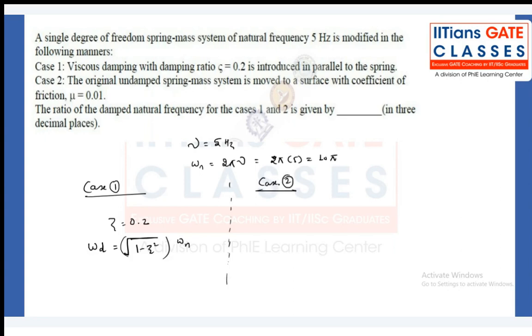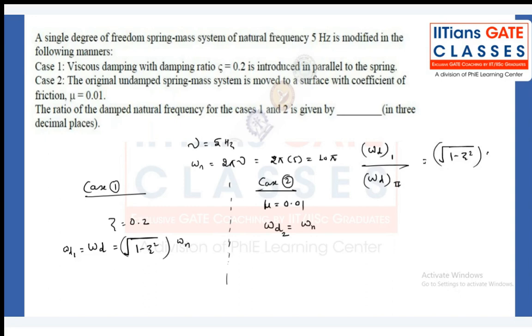What is the case 2, guys? Case 2, they are saying the original undamped system is being moved on a surface with the coefficient of friction 0.01. Whenever there is a Coulomb damping, I told you the natural frequency will remain the same. The damped natural frequency will be what? Omega n only, right? So if you just take the ratio of the damped natural frequency for case number one to the damped natural frequency for case number two, it will be what, guys?